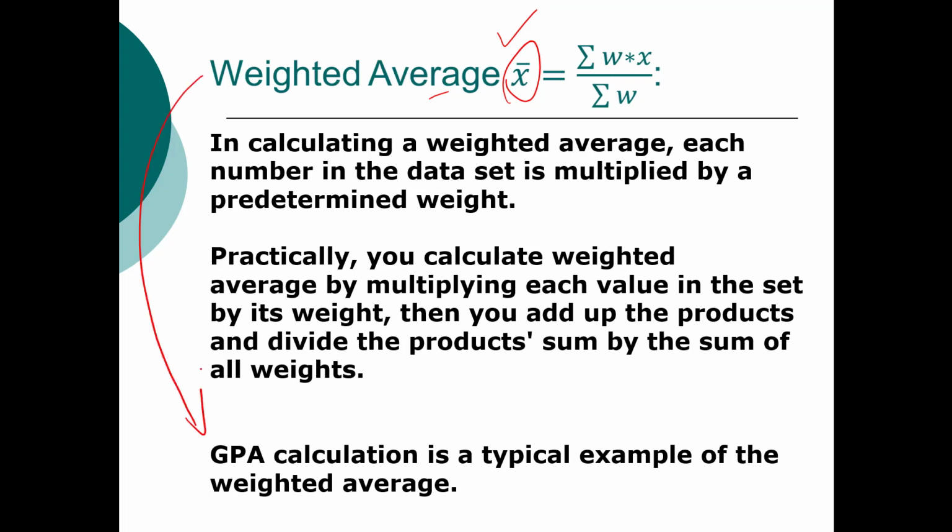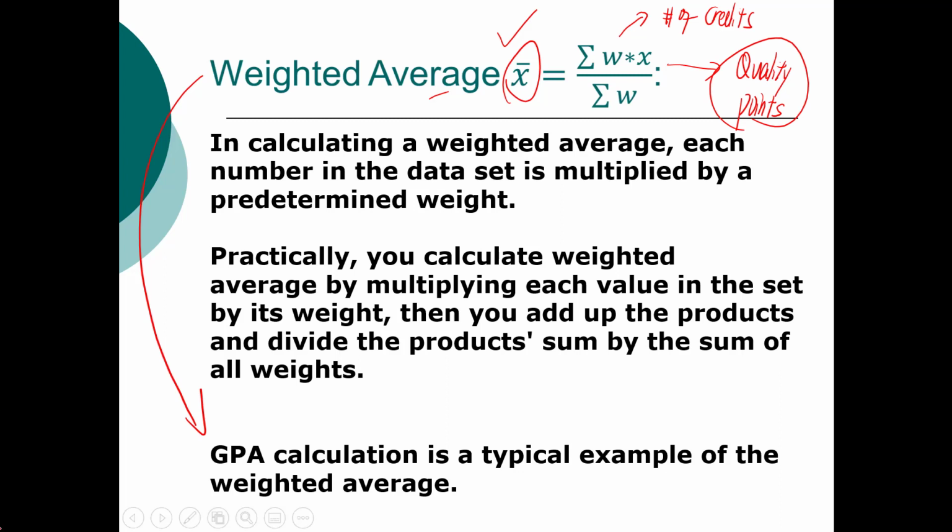As a college student, you expect to have a GPA, and every semester after you finish the class, once the professor posts a grade, your GPA will be updated after the semester is over. The weight here is the number of credits, right? And X here is what they call quality points. Each grade has a quality point, and we will look into that in a second.